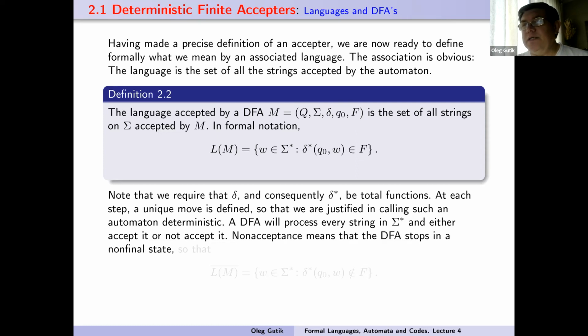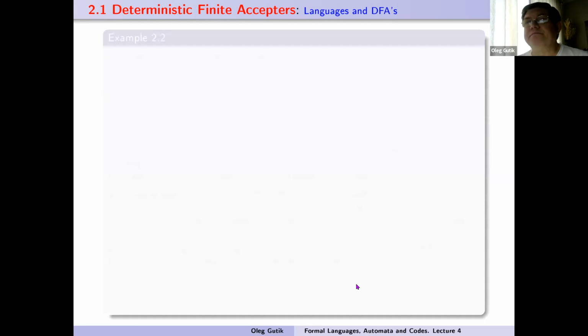Non-acceptance means that the automaton stops in a non-final state, so the complement of the language accepted by the deterministic automaton M consists of the strings W from sigma star such that delta star of Q0, W does not belong to F.